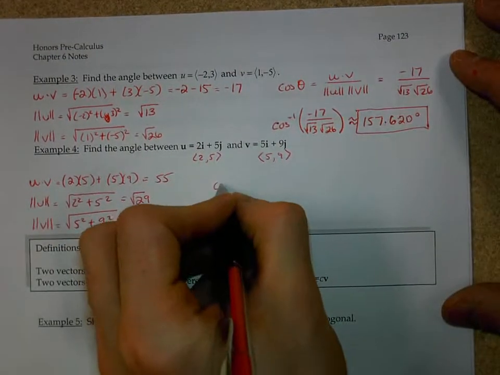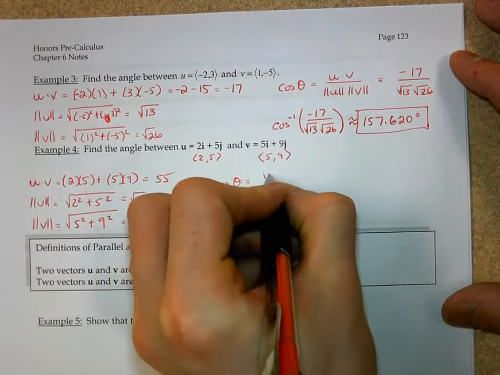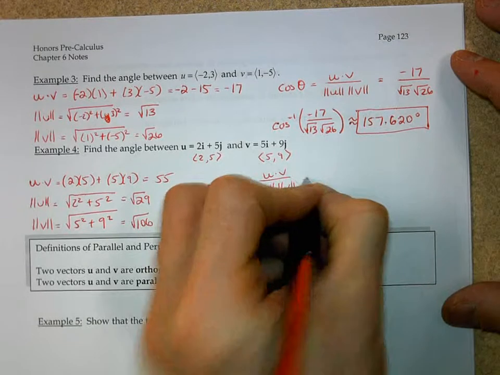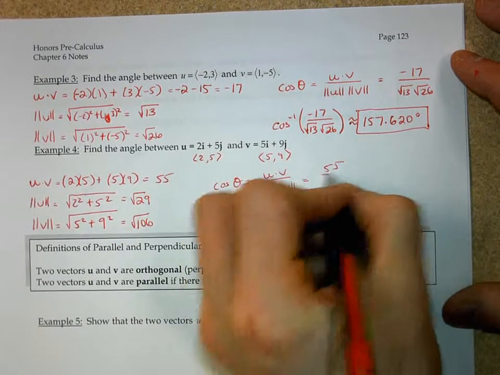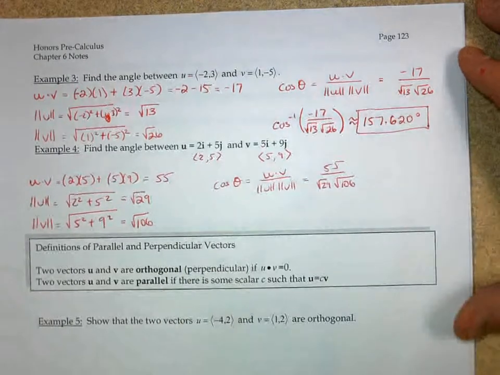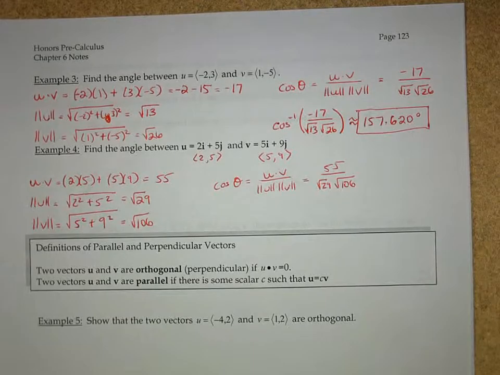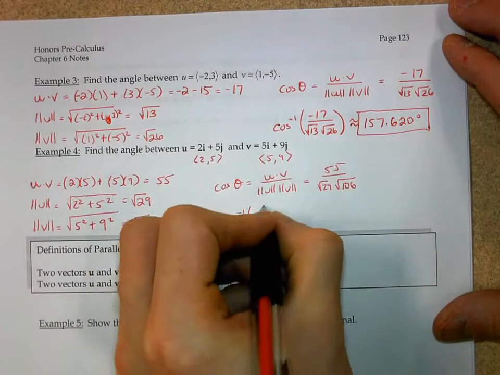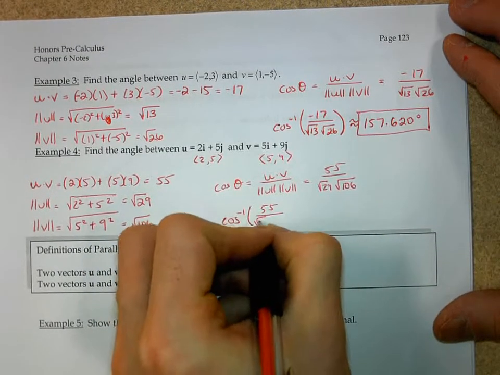Now that I got those three pieces, I know the cosine of theta is the dot product of u and v over the magnitude of u and v. So 55 over the square root of 29, square root of 106. And then finally, since that's not an angle measurement, we'll take the cosine inverse of that expression.